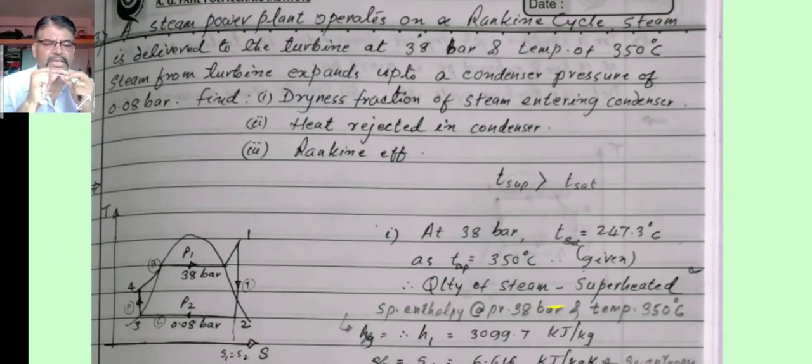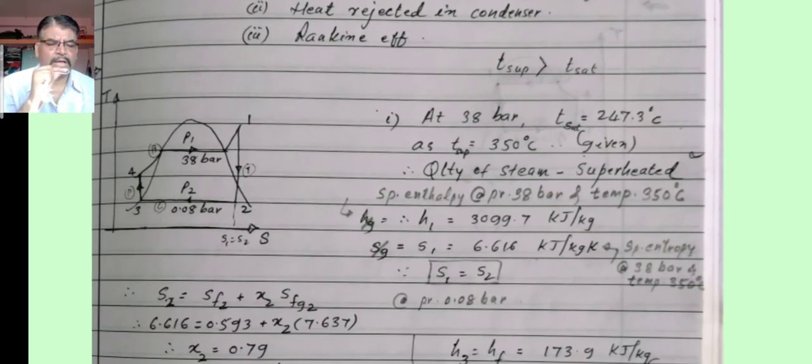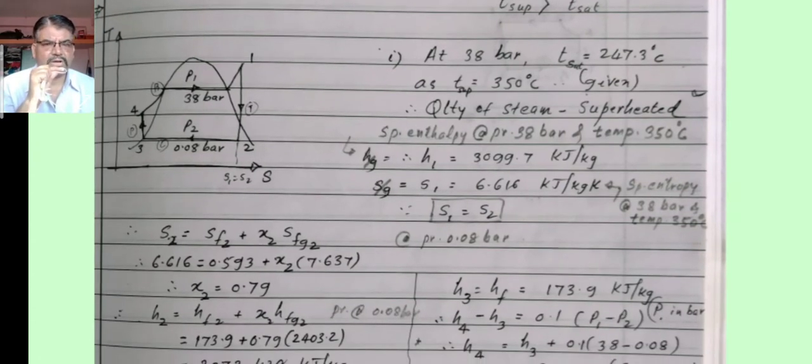From the given data we have to represent this on the Rankine cycle on the T-S diagram. As per the given condition, the steam is delivered to the turbine at about 38 bar, which means the steam reaches the superheated condition.